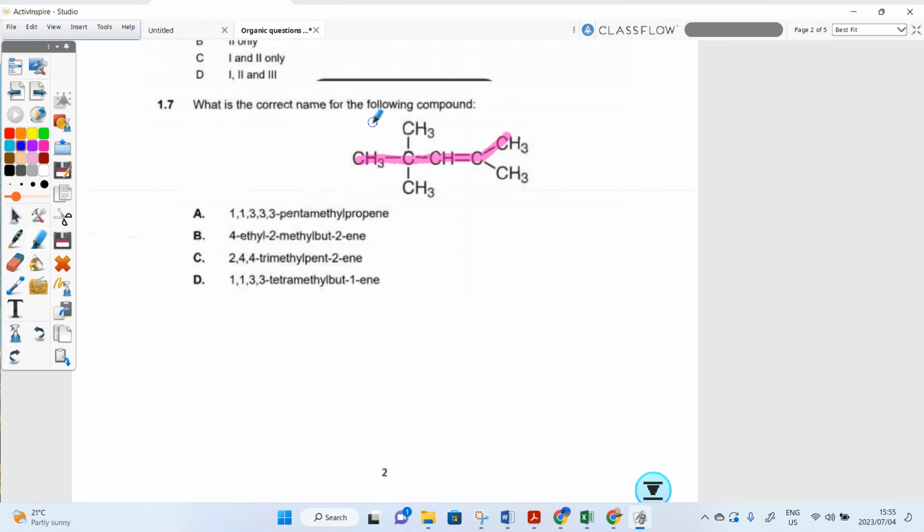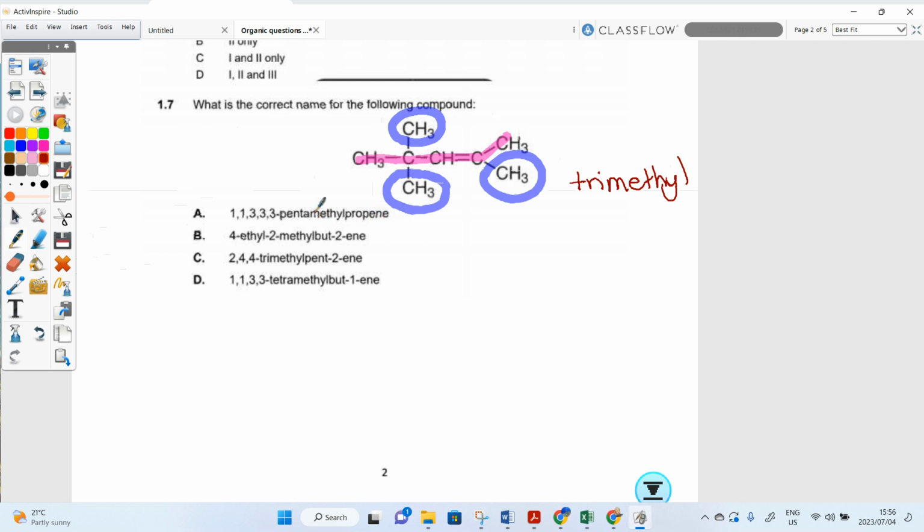Okay, guys, now here, what is this thing that's hanging on here? What do we call it? Methyl. There's another one. Dimethyl. There's another one. Trimethyl. So we already know it must be trimethyl.